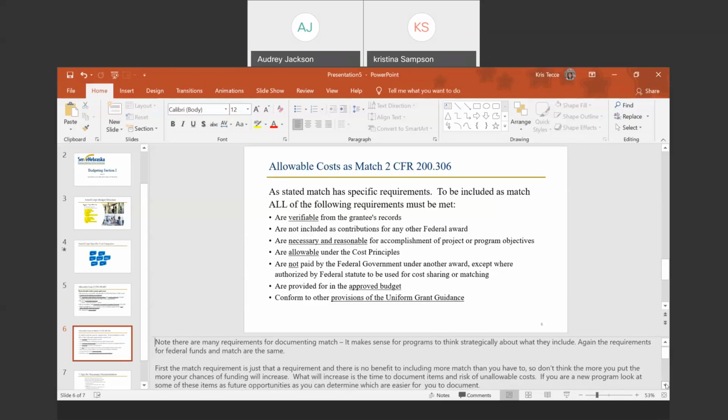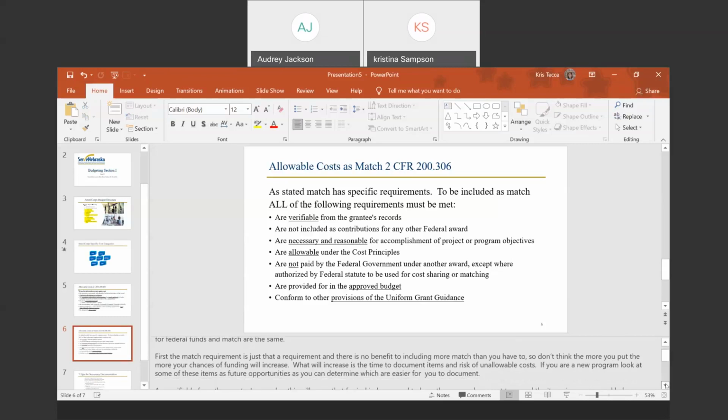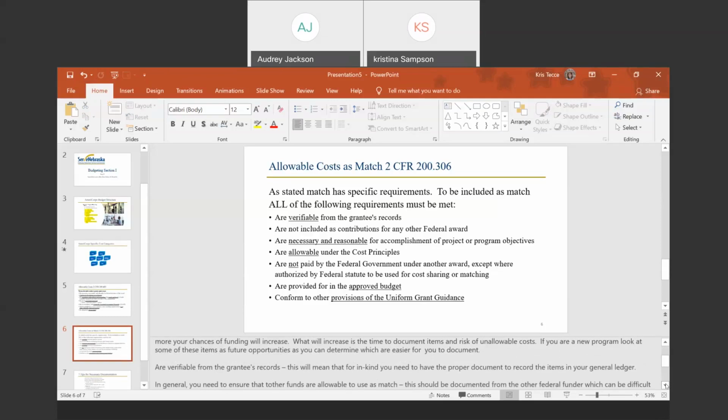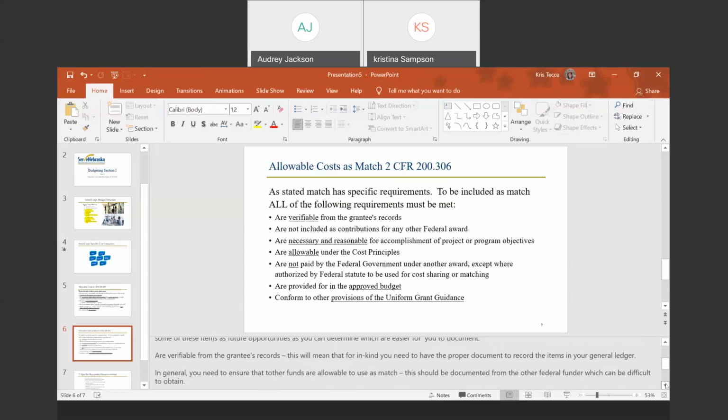Putting additional match in your grant application will increase your risk, and it will increase the documentation requirements as you execute the program. So again, you want to make sure that your match is verifiable from your grantee's records. You want to make sure that you're not using the contribution in any other federal award, that all of the costs are allowable under the cost principles. We just talked about those.